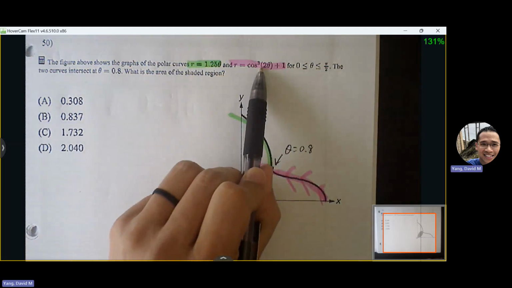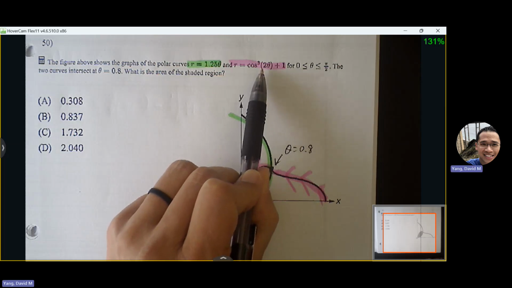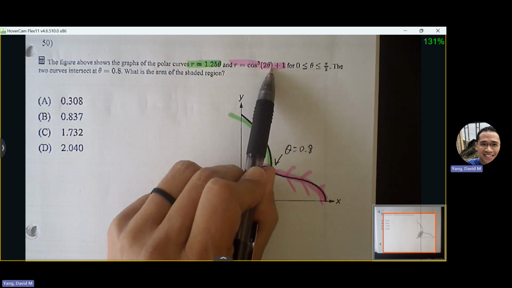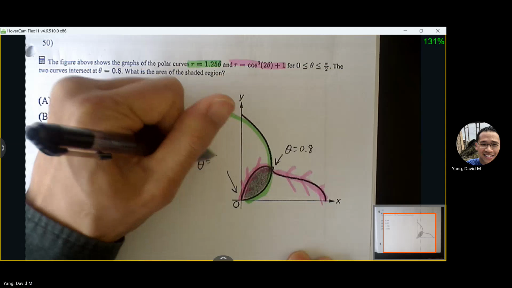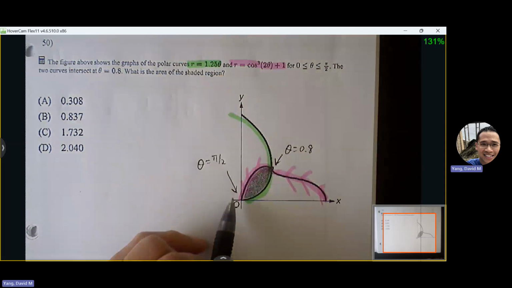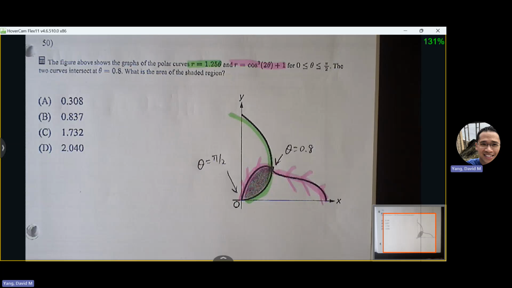At pi over 2, this will give us cosine of pi, which is -1, and -1 plus 1 is 0. It's going to hit the polar zero at pi over 2 here. Meanwhile, r equals 1.25 theta is starting at 0, and the region that we care about is right here. So we have to split this up into two areas.